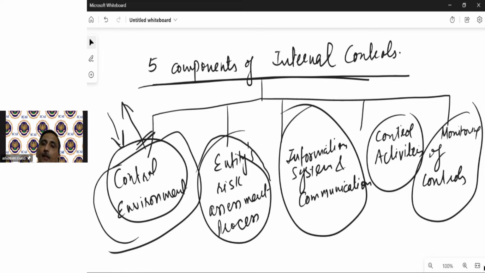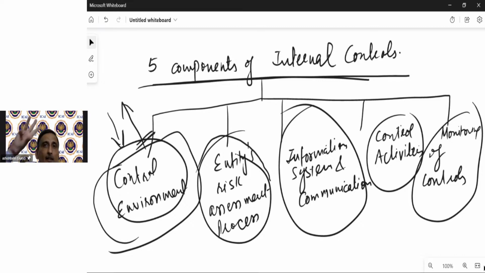An example of a general IT control could be control relating to passwords. And whether all the procedures relating to financial reporting are communicated within the organization. So this is the broad meaning of this component.